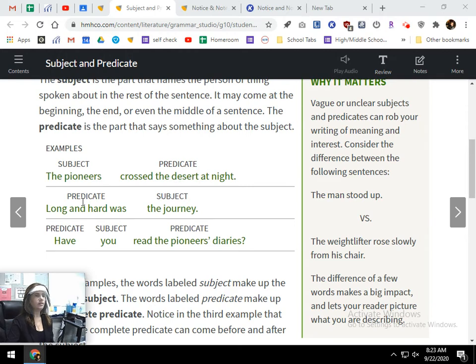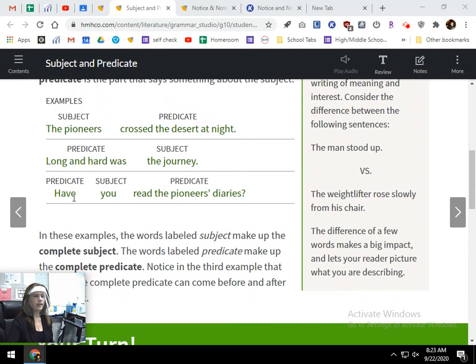Now, is everybody watching? This is a reversed sentence. Long and hard was the journey. Well, I don't think I would write like that, but some people do sometimes. Actually, the subject is at the end of this sentence. So this is the complete subject and this is the complete predicate. And then here, when you ask a question, the subject is usually the second word.